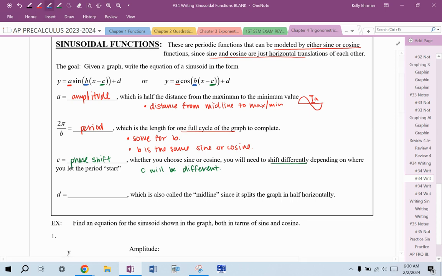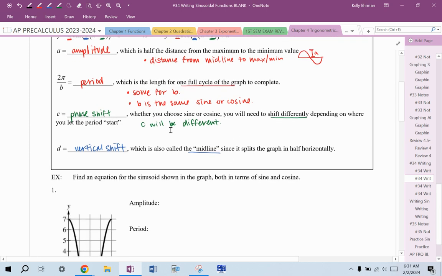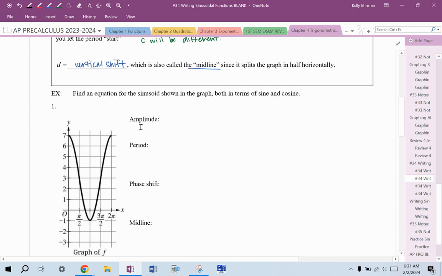Okay, and then finally, D is a vertical shift, although we have been calling it the midline since it splits the graph in half horizontally. Now, I don't find these values in alphabetical order, so I kind of jump around. So I know I have amplitude, period, phase shift, and midline.